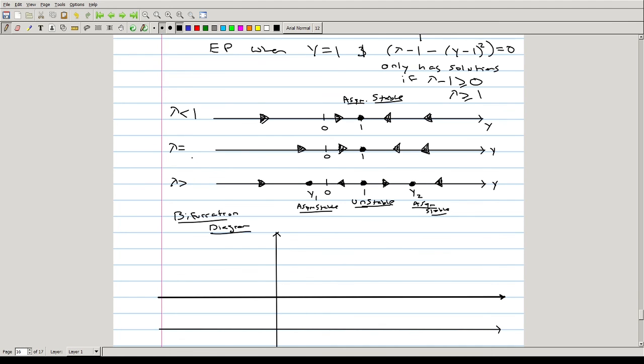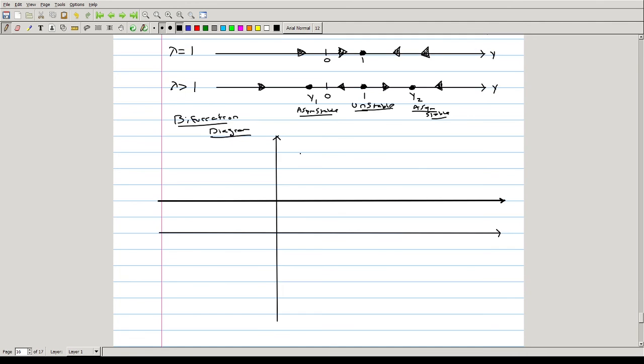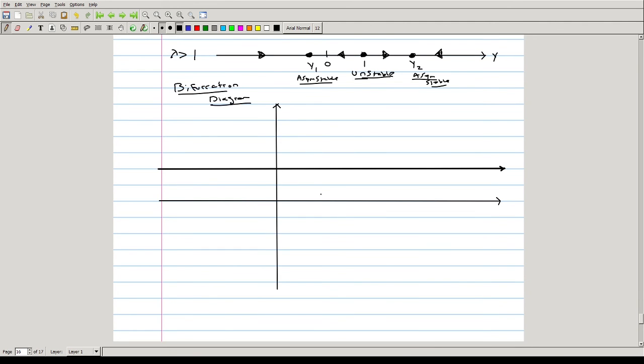I apologize for that, just a typo on my part. So here at lambda equals 1, we have the appearance of 2 new critical values for any value of lambda greater than 1.